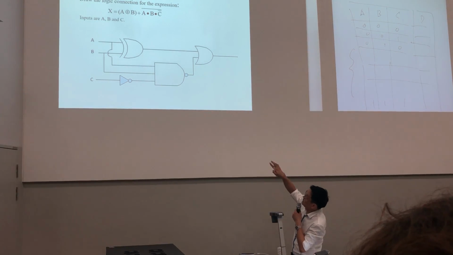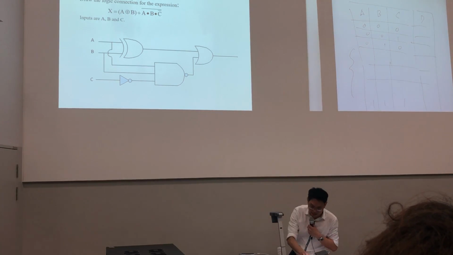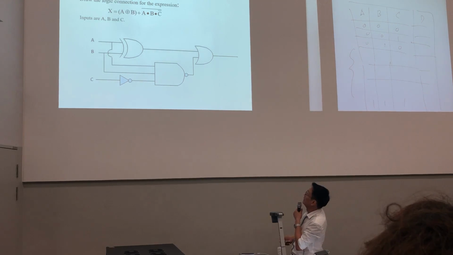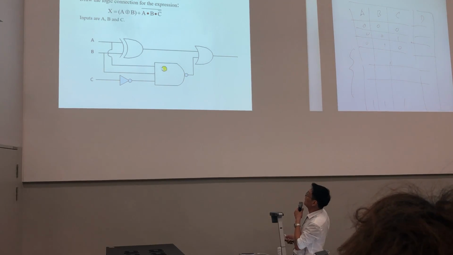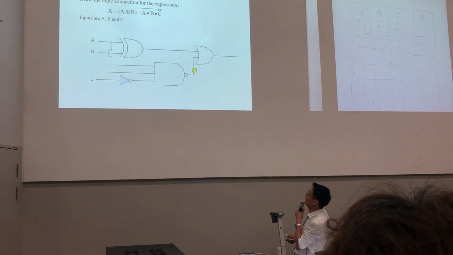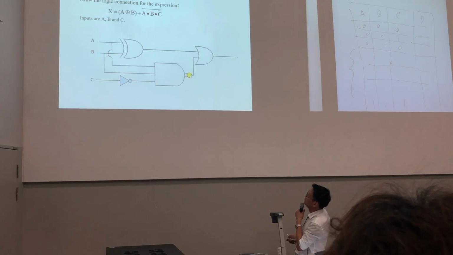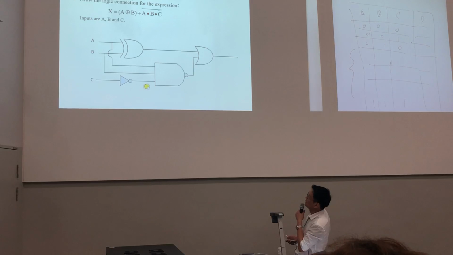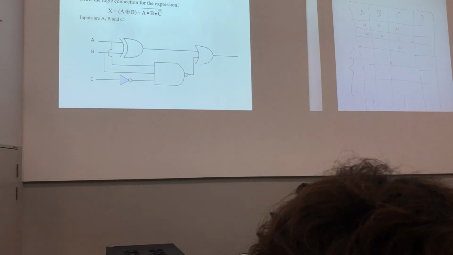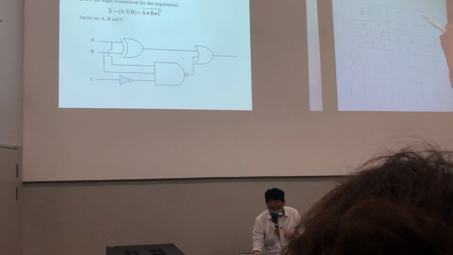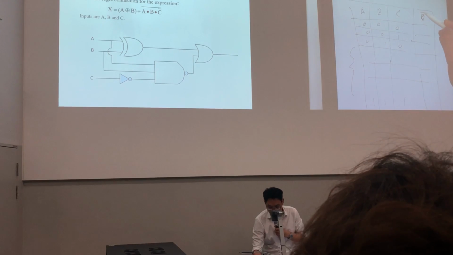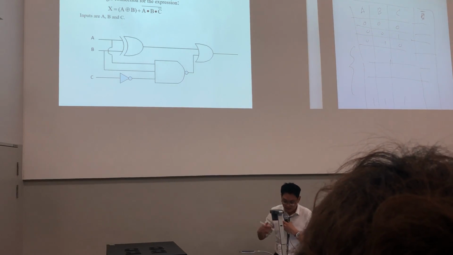So in this case, this is an AND gate, right? This one is an AND gate, but it's actually an OR gate. But before you are able to get B here, you must find the C opposite first. So let's say I got a C bar here, right? I need another signal, let's say C bar.